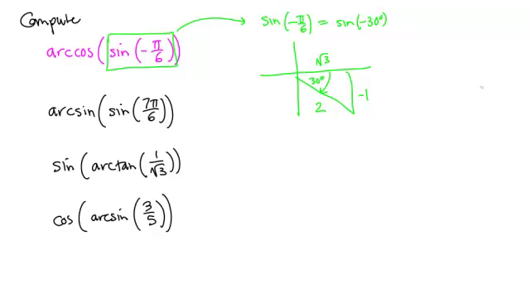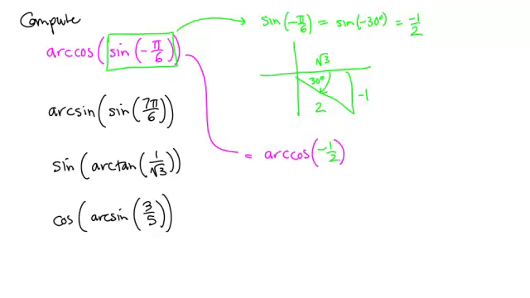This is clearly below the x-axis, so that's a negative. And so the sine is the opposite over the hypotenuse. And so the sine of this will be negative 1/2. So now that I've got this worked out, then this expression right here is equal to the arccosine of negative 1/2.